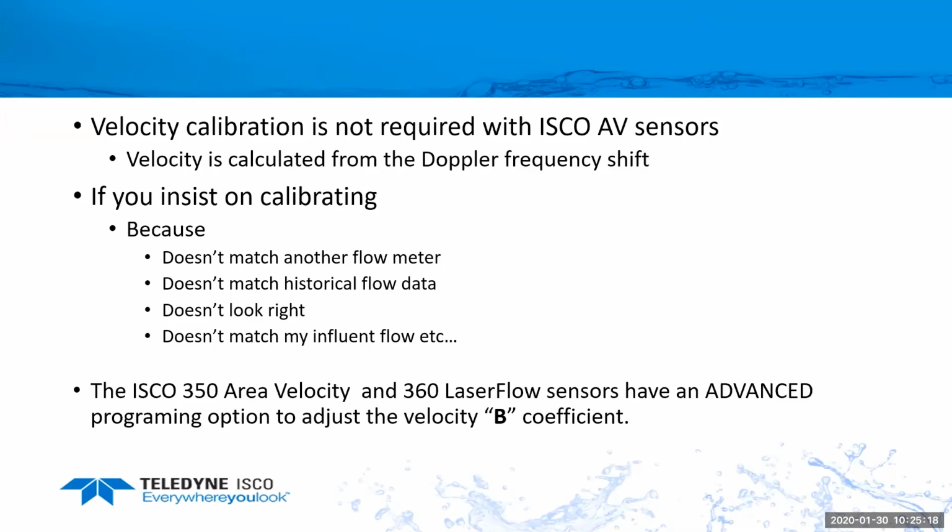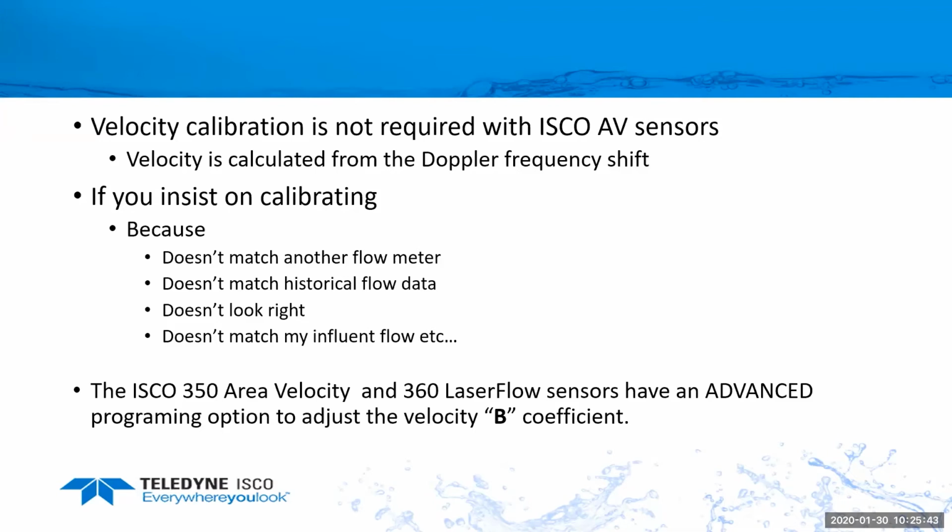The velocity calibration is not required because it is the theory behind the frequency shift. We can calculate the accurate velocity based off the frequency shift. So it doesn't really matter if I'm outputting a 1 megahertz signal or a 500 kilohertz signal. It's reading the Doppler effect, or the frequency shift, to come up with the velocity.